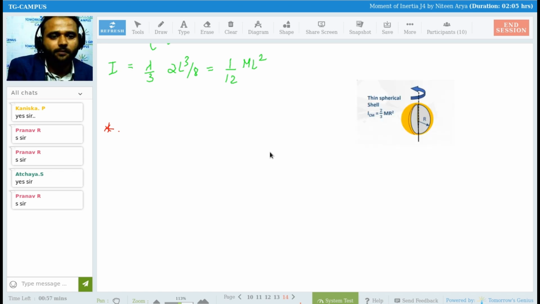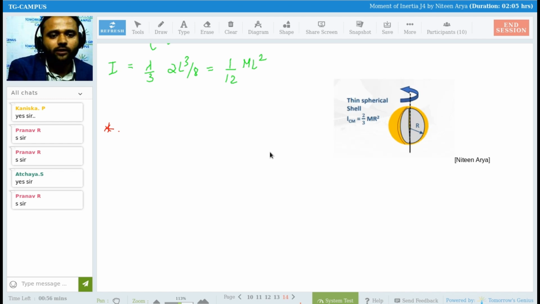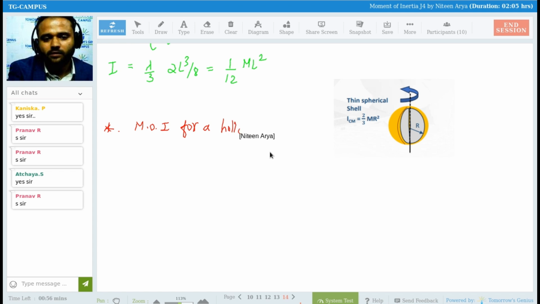So this is my shape, right? Now you can correlate, or you can say hollow sphere because it is a shell. So you can rewrite the moment of inertia for a hollow sphere also. A hollow sphere is this, or a ring.